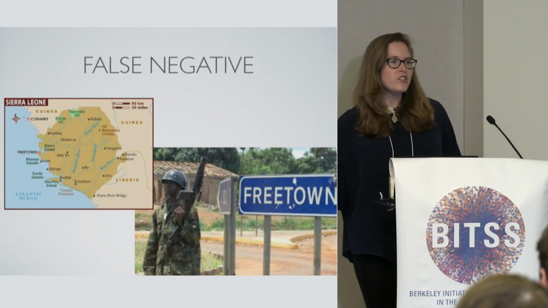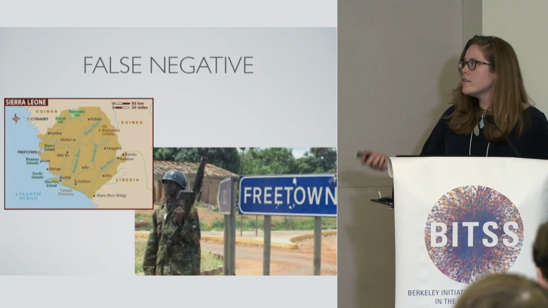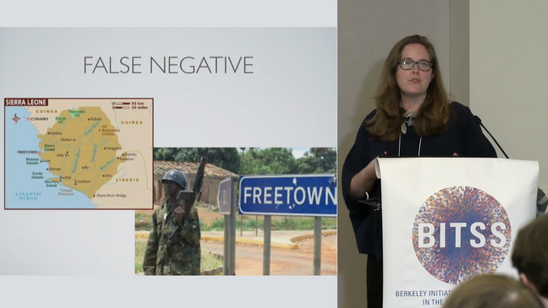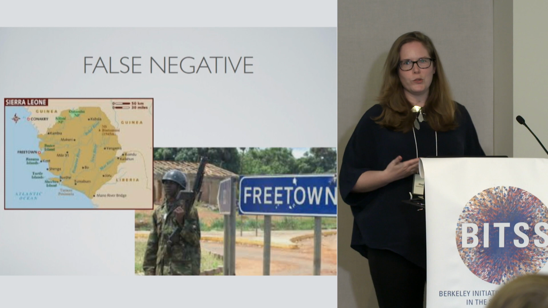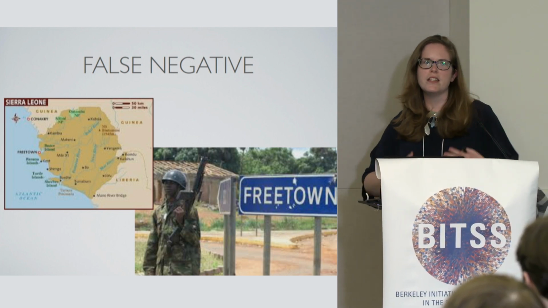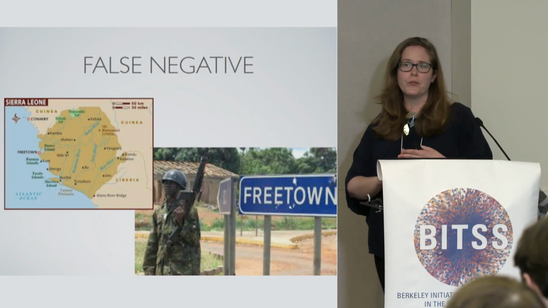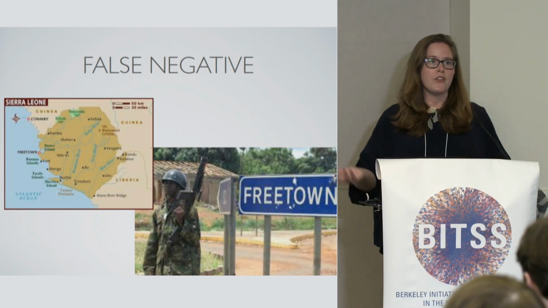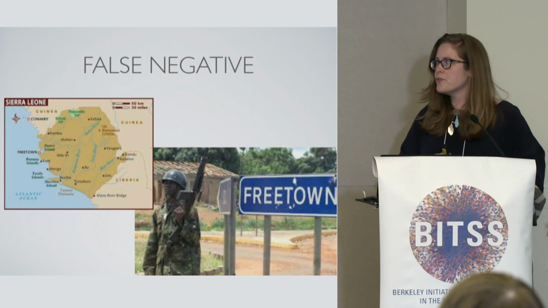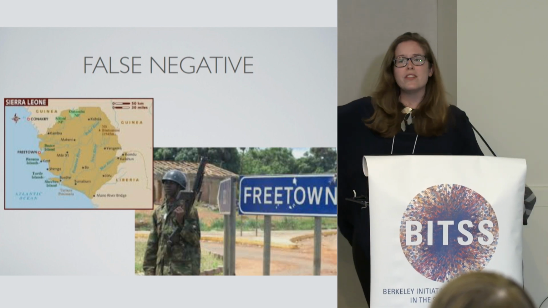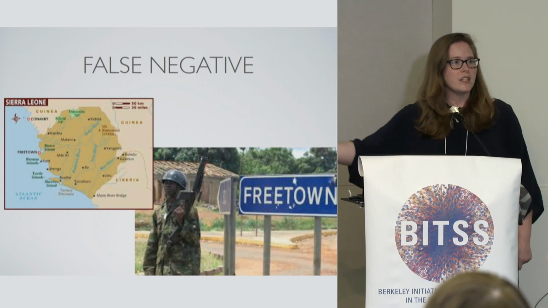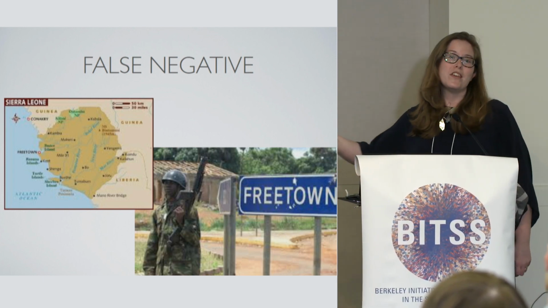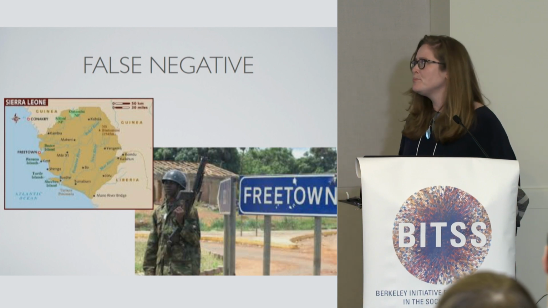This is a very strange suggestion, given that one of the stipulations of the peace agreement was such that a representative of the Revolutionary United Front was to be granted control in the Ministry of Interior and also to have a role in the control of mines in the country, which were a major source of the discord between the groups during the conflict. So we coded this as a false negative. It was certainly the case that natural resources had something to do with that negotiated agreement.